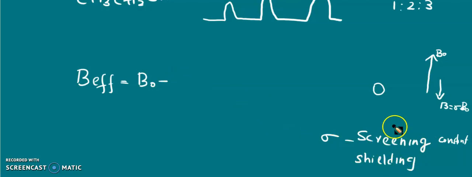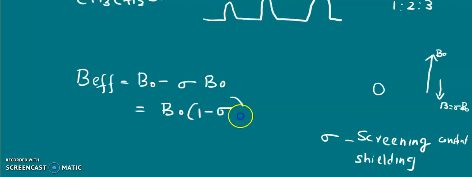So this is equal to sigma times B0, and the effective magnetic field is B0 into 1 minus sigma.